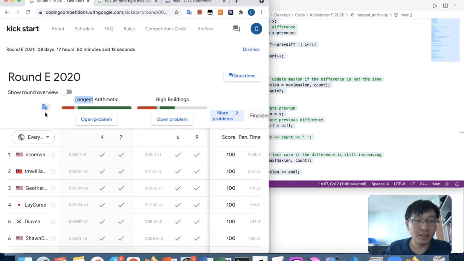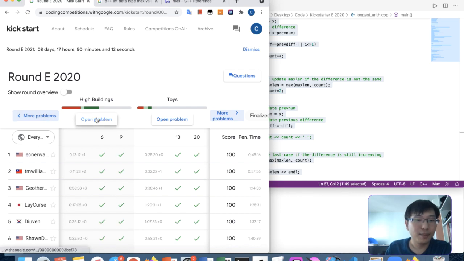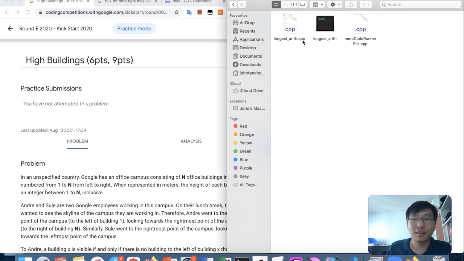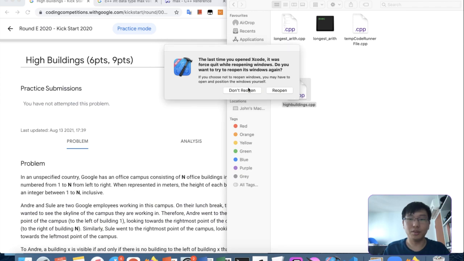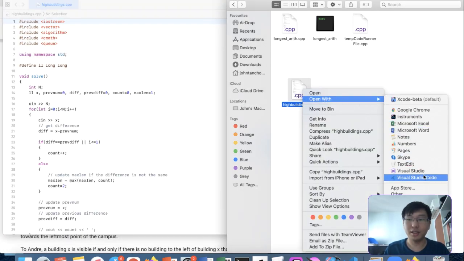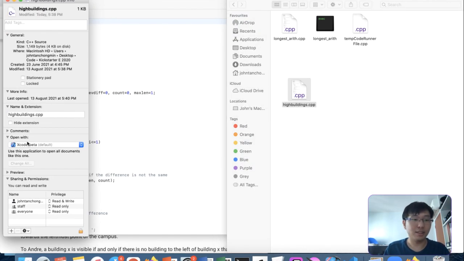Okay, high buildings. Somehow it seems that this. Oh, look at this, toys and golden stone. So hard. Wait, let's see high buildings. High buildings. Oh no. Can I just set default? Okay, let's try to set this as default.